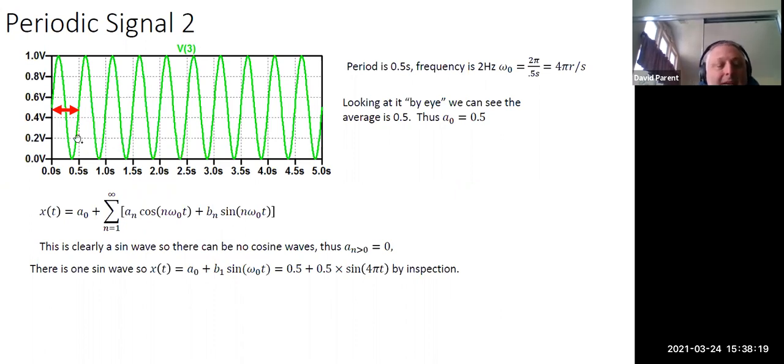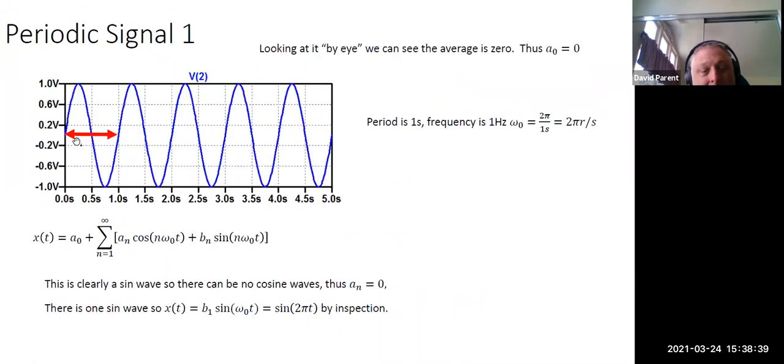So the way I've drawn it, why can't it be a cosine? It's because the way I've drawn it, the waveform starts at 0, and it crosses, and so the only function that'll fit that is a sine.